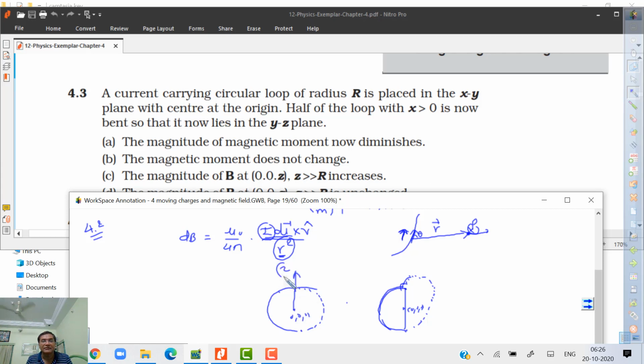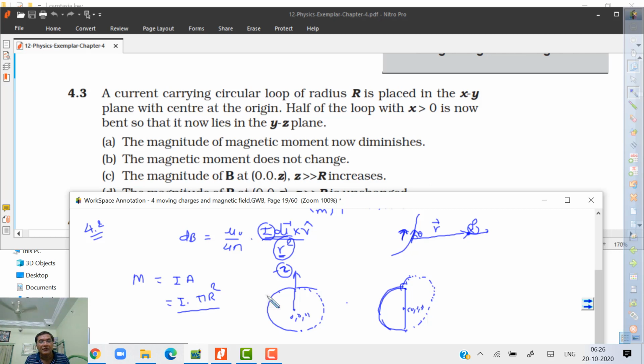How much will it be? We know that the magnetic moment M1 is equal to IA, which is I pi r square, if r is the radius. So this is the magnetic moment in the beginning, I say M1.